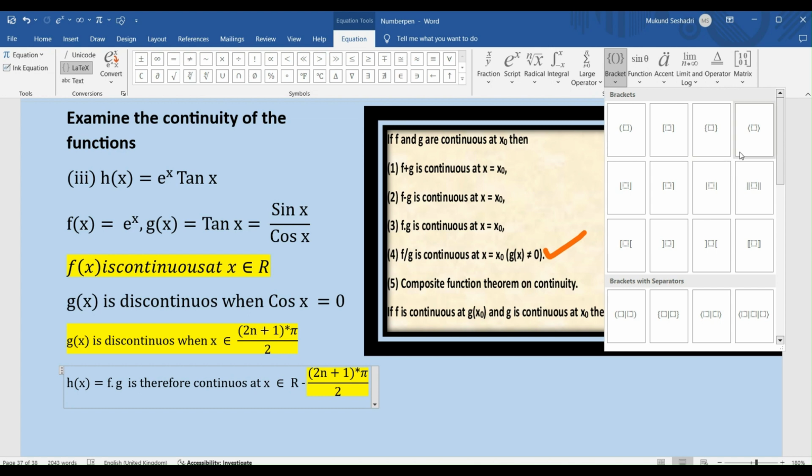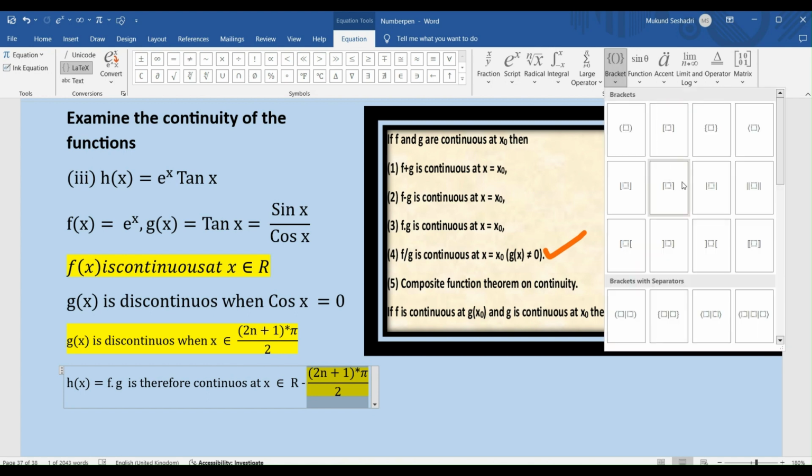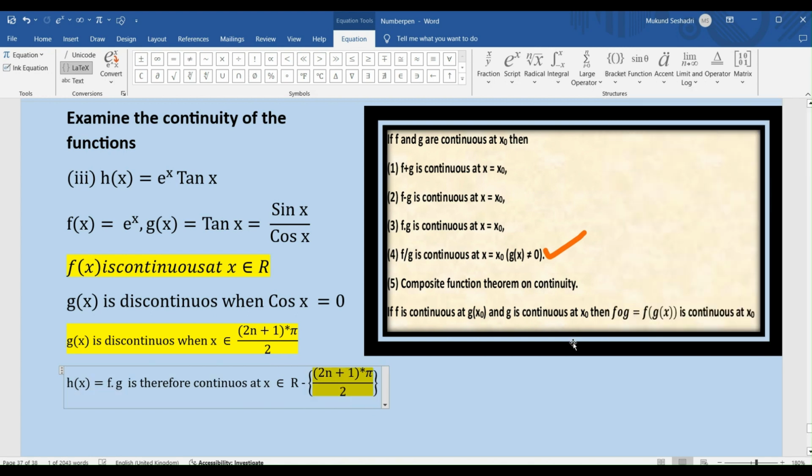Let me represent this within the flower bracket. So that's how we solve this particular problem.